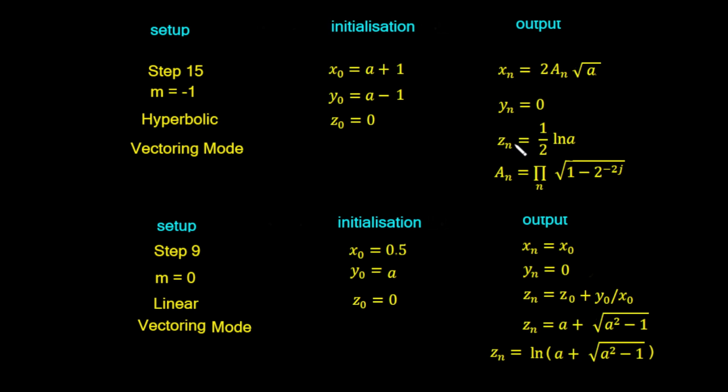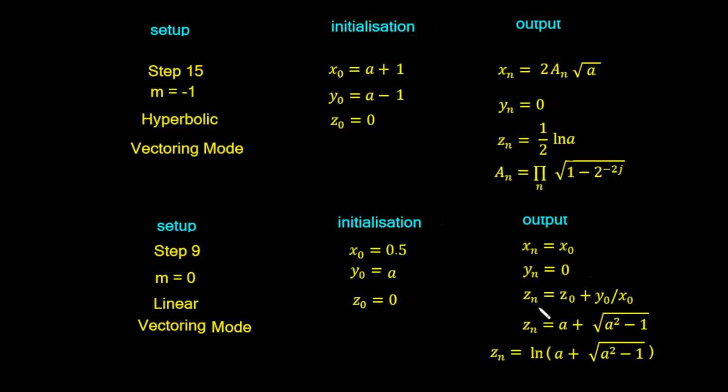But of course we want to get rid of the half, so we're going to have to divide by a half in order to get rid of this. And we do that using step 9, which has the value m is equal to 0 and it's linear vectoring mode. x0 equals 0.5, y0 equals the output from the last stage, which is this half ln a.